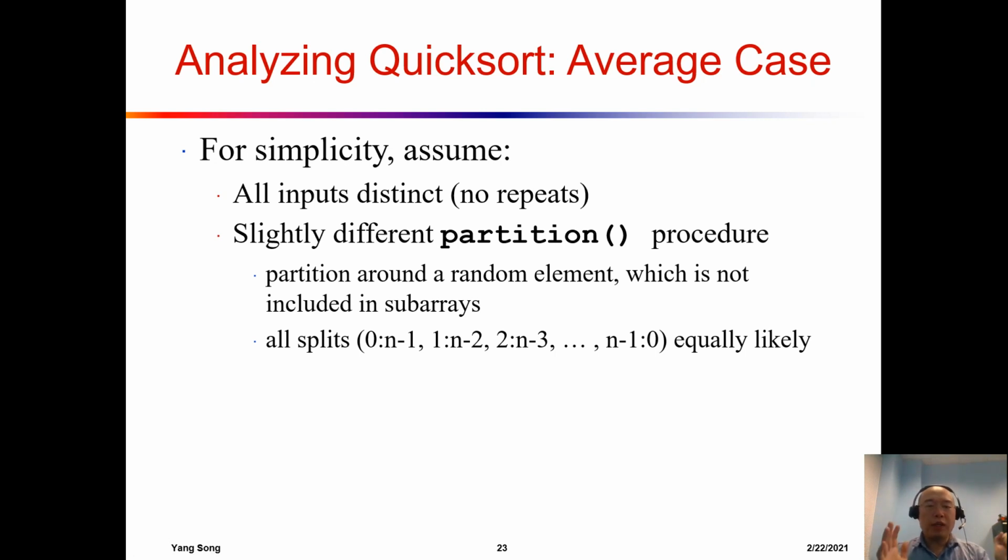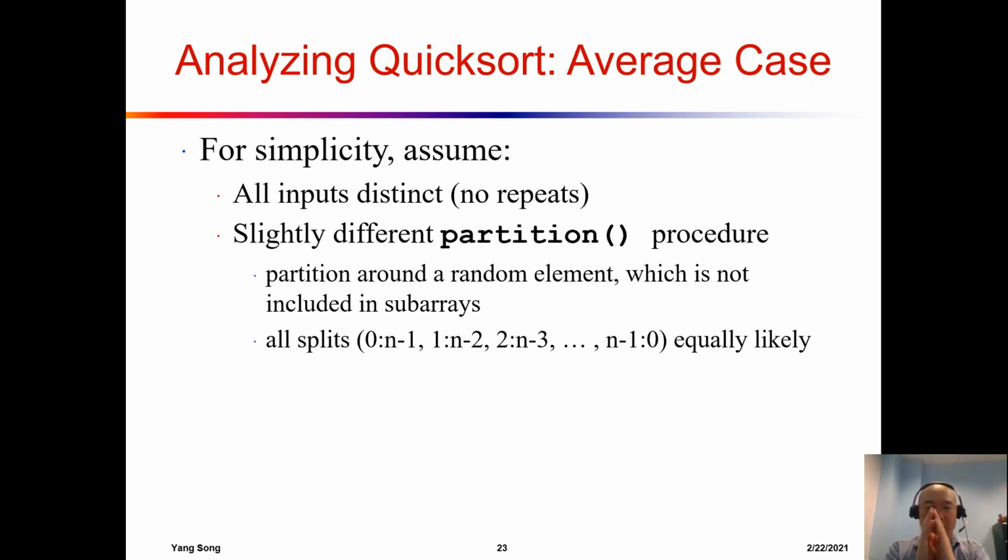The reason is that we don't cut the pivot, because the pivot will stay there, and once the pivot is put at the right place, it won't be sorted again.